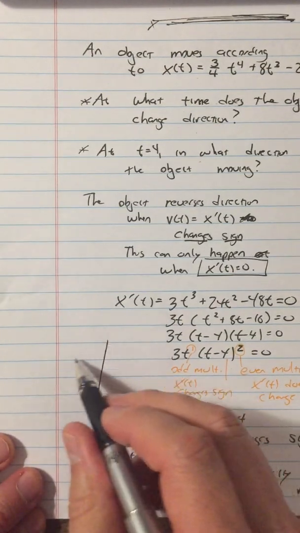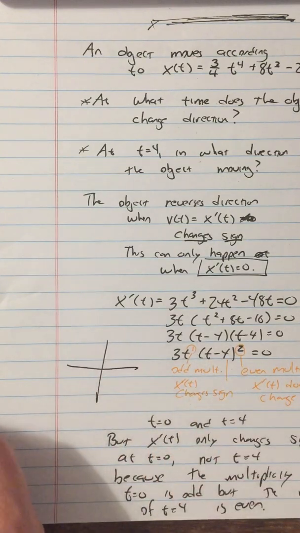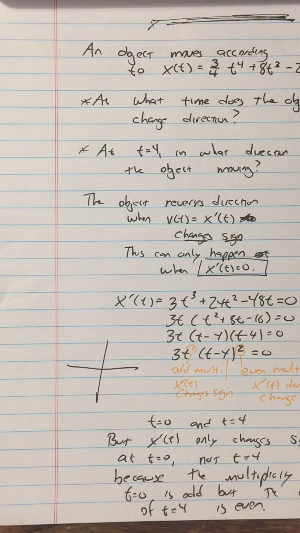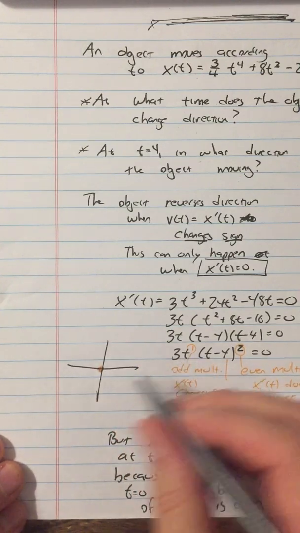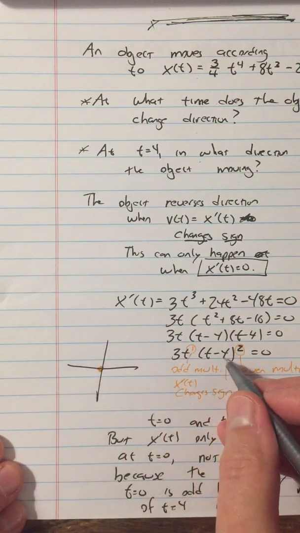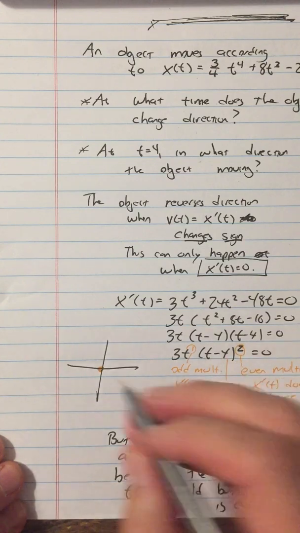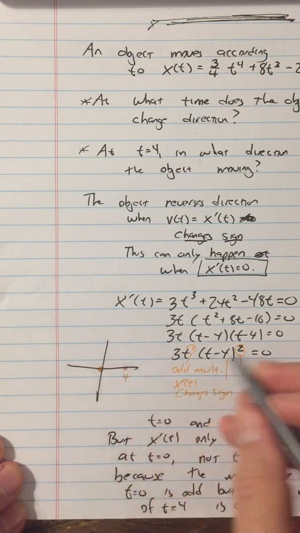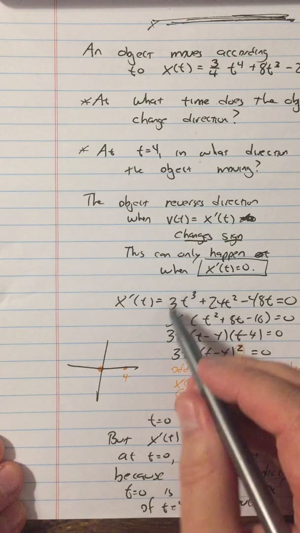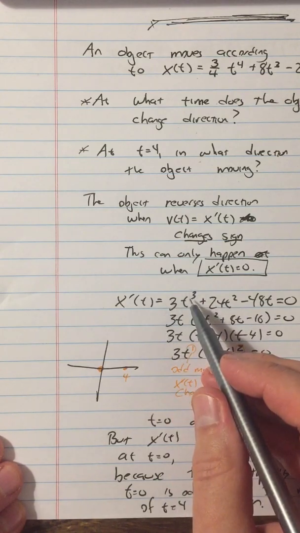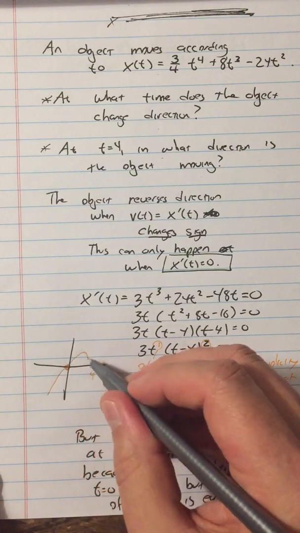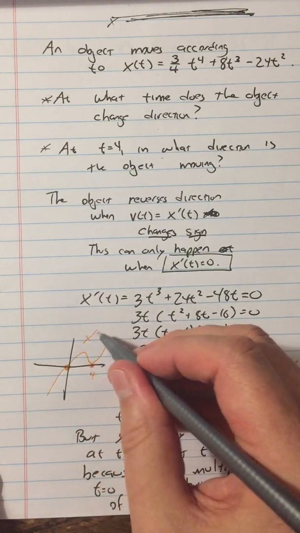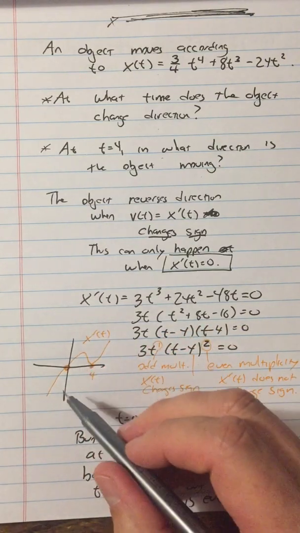One way you could think of this is to think of the graph of x prime of t. All you need for the graph of a polynomial is the x-intercepts and the multiplicities. So here's 0 and here's 4. This is an odd degree with a positive leading coefficient, so the graph looks like this. That's x prime of t, the velocity.